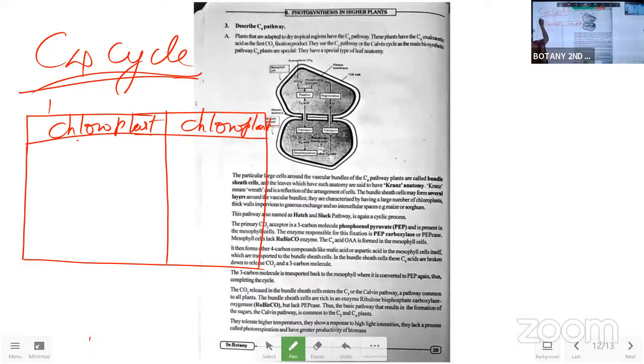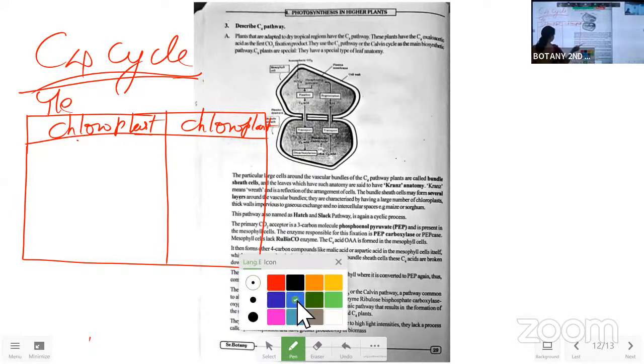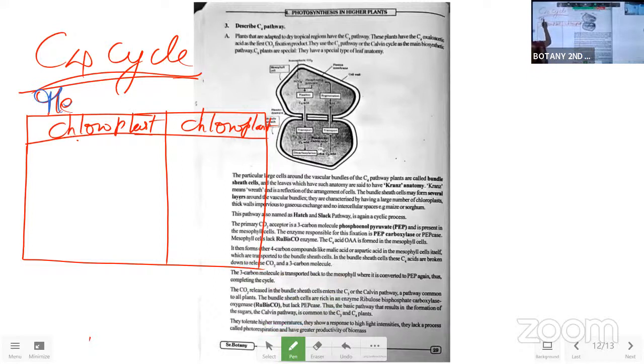This is the mesophyll cells. This is the bundle sheath. So what happens in this? Which one will start this?